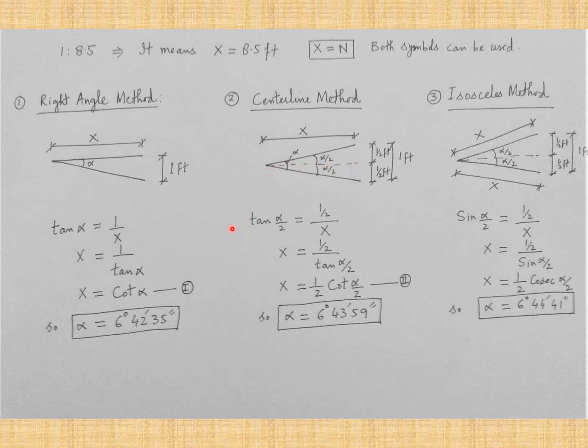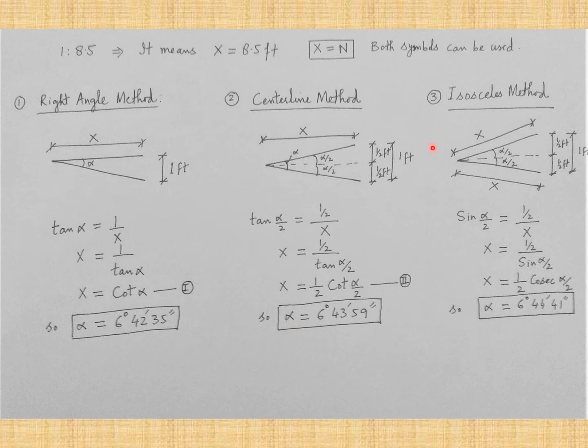Here tangent alpha by 2 is equal to 1 by 2 over X, so X is equal to 1 by 2 over tangent alpha by 2, and then X is equal to 0.5 times cot alpha by 2. Putting X equal to 8.5, you get the crossing angle alpha equal to 6 degrees 43 minutes 59 seconds.